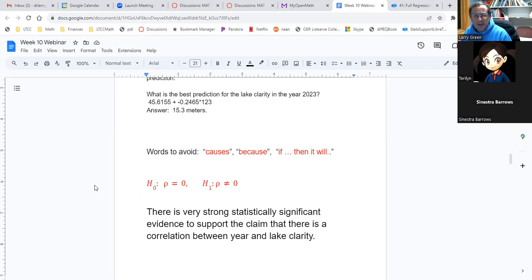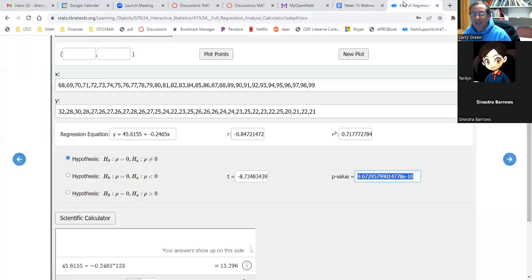I do want to let you know that having strong, statistically significant evidence to support the claim there's a correlation does not mean that there's a strong correlation. Those are different. A strong correlation means that R is really high, like 0.9 something. We actually didn't have a 0.9, so we don't have a strong correlation.